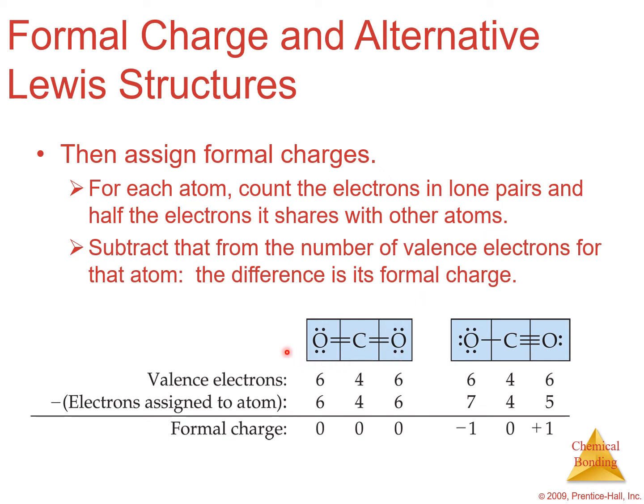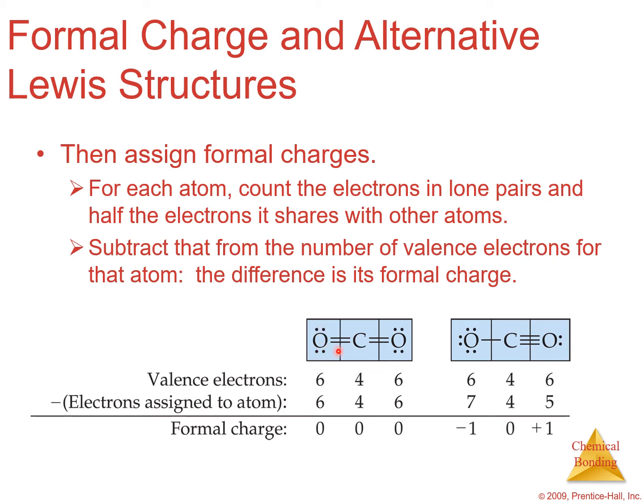So here, for example, in CO2, this atom, how many valence electrons? Group 6, 6 electrons. Now, how many electrons are assigned to this atom by this Lewis structure? It is the sum of non-bonding and half of bonding.